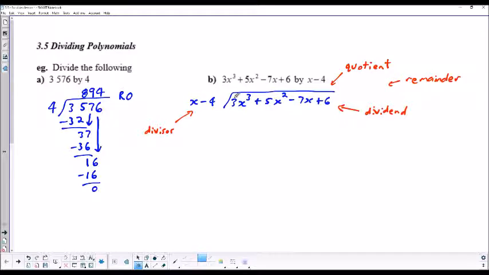So x times 3x squared, and I'll write that over the 5x squared, just because those are like terms. If I multiply 3x squared by x, I would get 3x cubed. And then I'm also going to multiply this 3x squared by negative 4 to get negative 12x squared here.